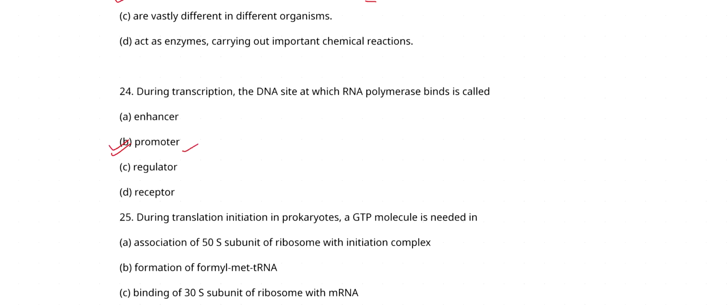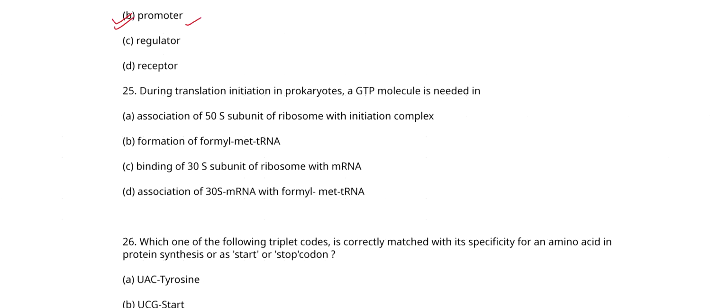Our next question is 25, that is during translation initiation in prokaryotes, a GTP molecule is needed in: A, association of 50S subunit of ribosome with initiation complex; B, formation of formyl-methionine tRNA; C, binding of 30S subunit of ribosome with mRNA; and D, association of 30S mRNA with formyl methionine tRNA.